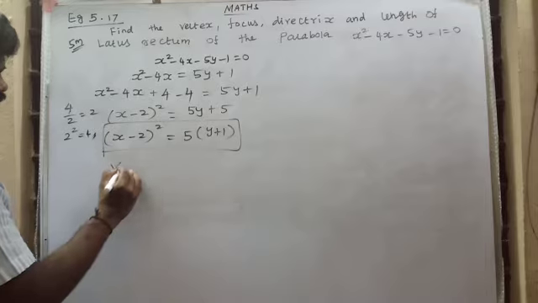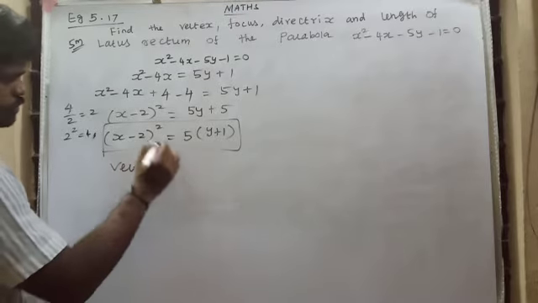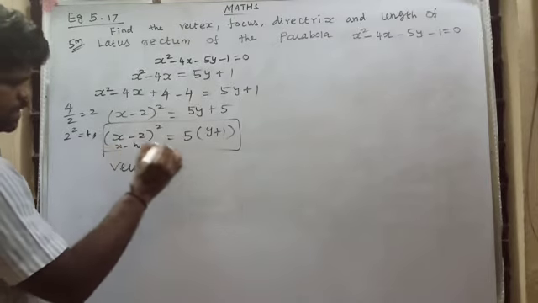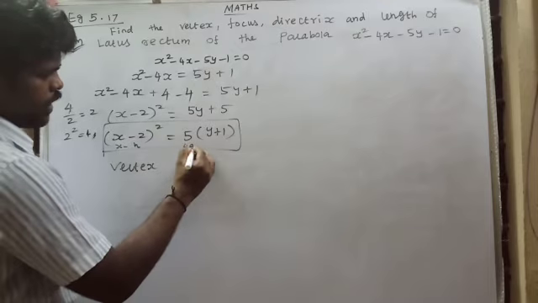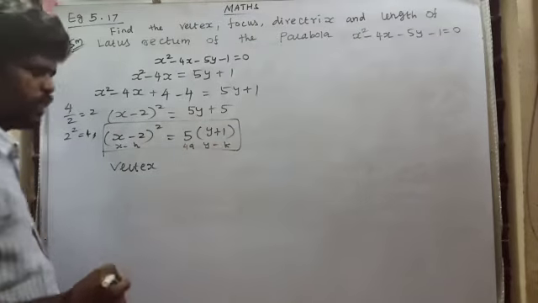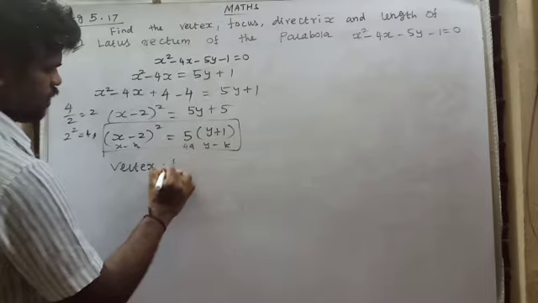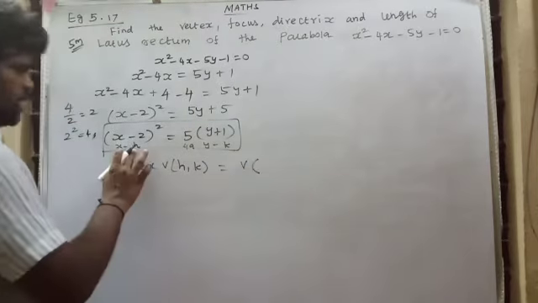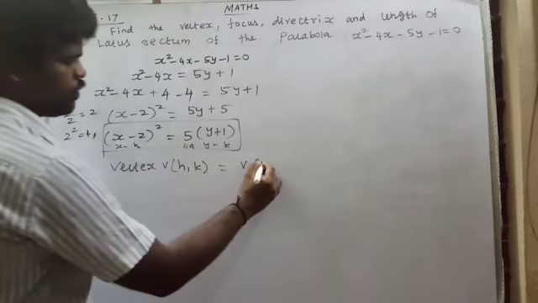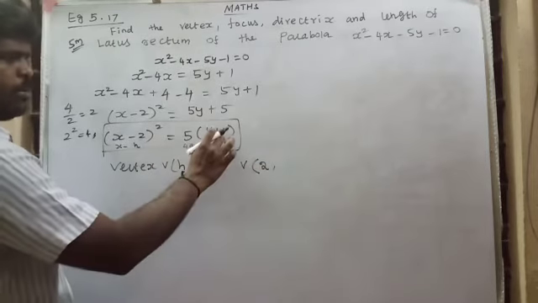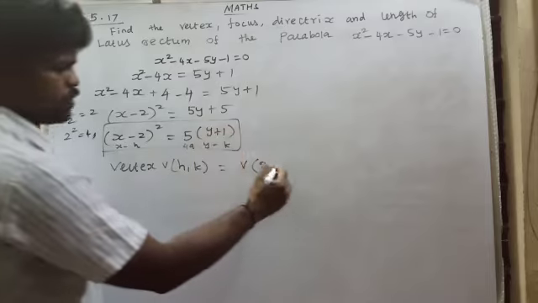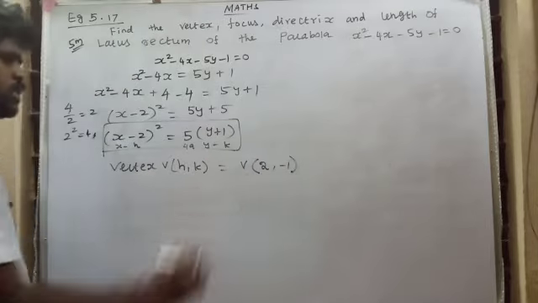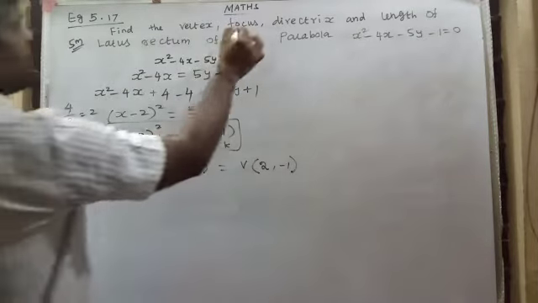Here the vertex V is (h, k). The h value is 2, and the k value is -1, because here it is plus 1. This is known as the vertex, and we want to find the focus.